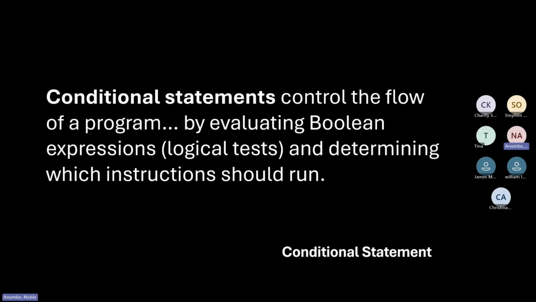So what you're doing is essentially a logical test. If something is true, you go in this direction. If something is not true, you go in the opposite direction. Those decisions are made using Boolean expressions, and they help you determine which instructions should run.